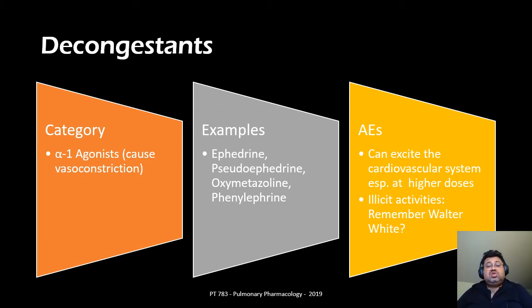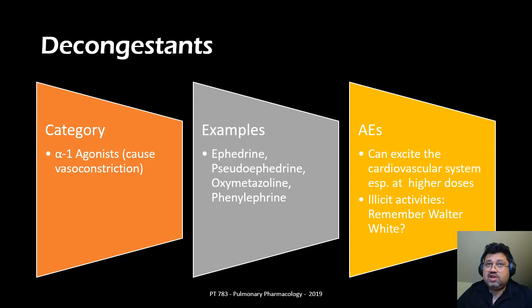Therefore, we use drugs in this particular category which are vasoconstrictors. So by its effect of being a vasoconstrictor, we target drugs of the alpha-1 agonist category. If you remember, alpha-1 stimulation causes vasoconstriction. So the drugs that belong to this category are ephedrine, pseudoephedrine, oxymetazoline, and phenylephrine.